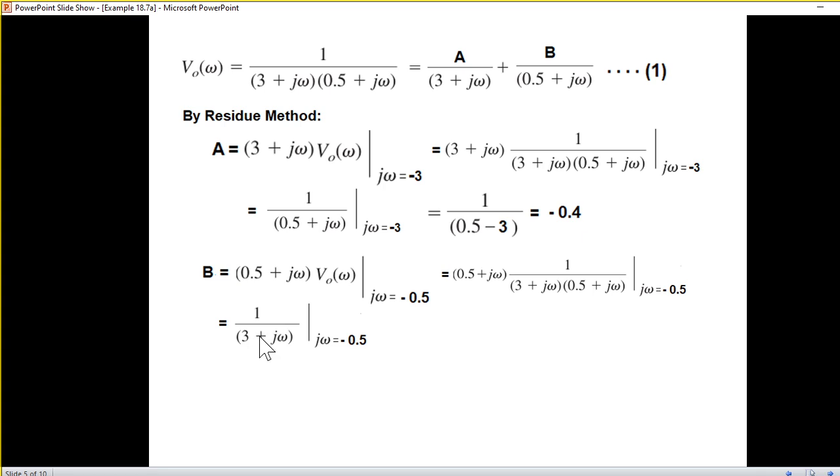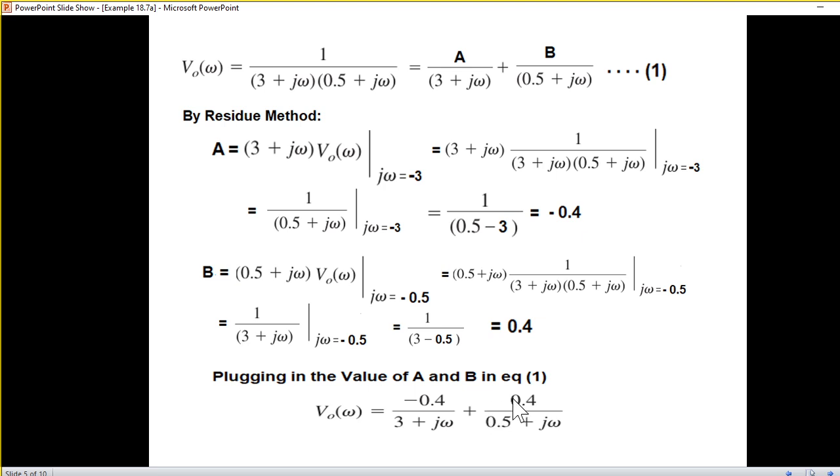So we're left with 1 divided by (3 + jω), and plugging in the value of jω and solving, B comes to be 0.4. So resolving the partial fraction, we get this answer: A is minus 0.4 and B is 0.4.